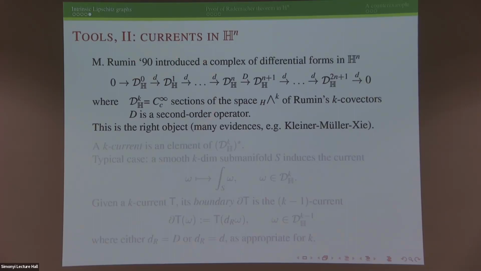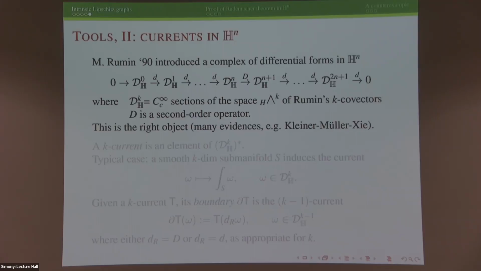In the 90s, Michel Rumin found this object, a complex of differential forms in Heisenberg groups, actually also in contact manifolds. So in a first approximation, let me say that these spaces, D, K, H, are subspaces of classical K forms.